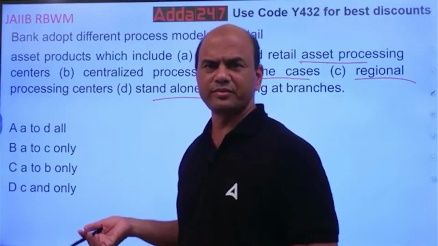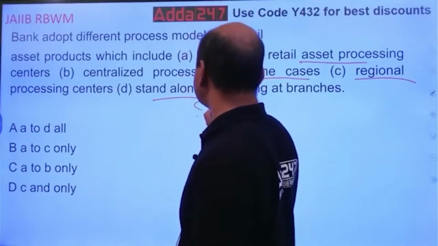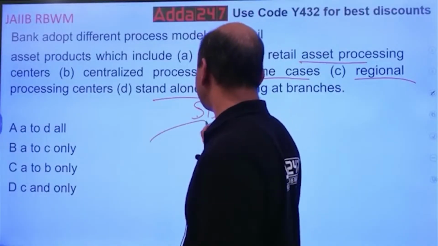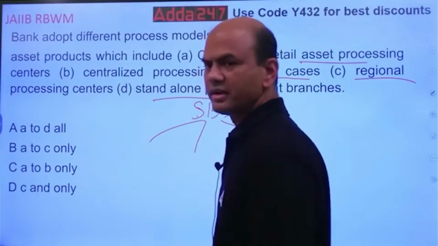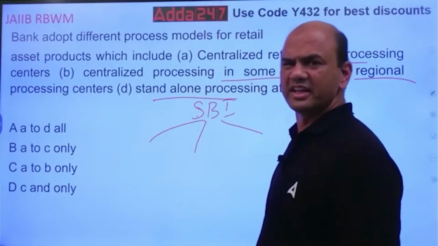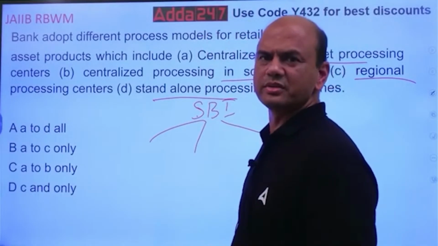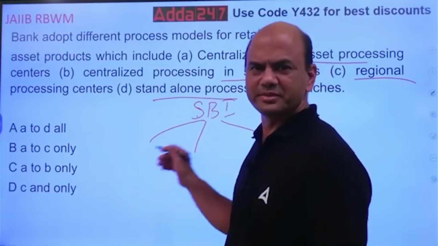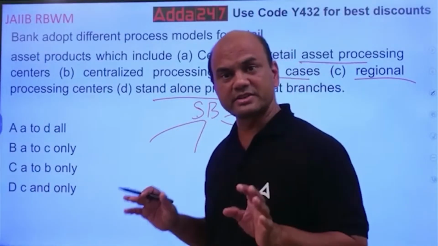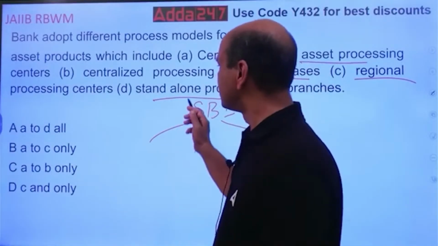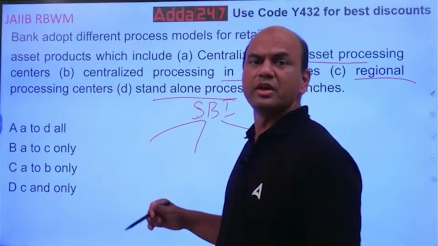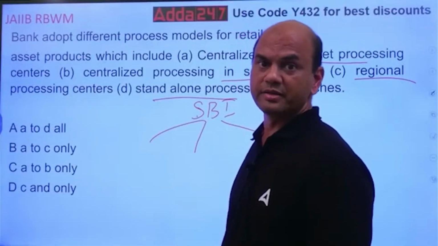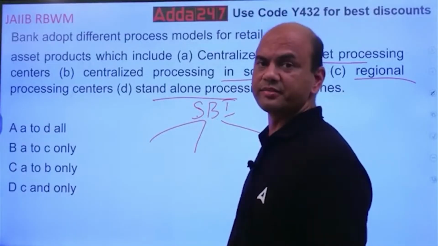No, it can't. It will have various regions: east, west, north, south, or something central, they can give any names. But they will have separate centers, because you can't handle the whole volume at a single center.